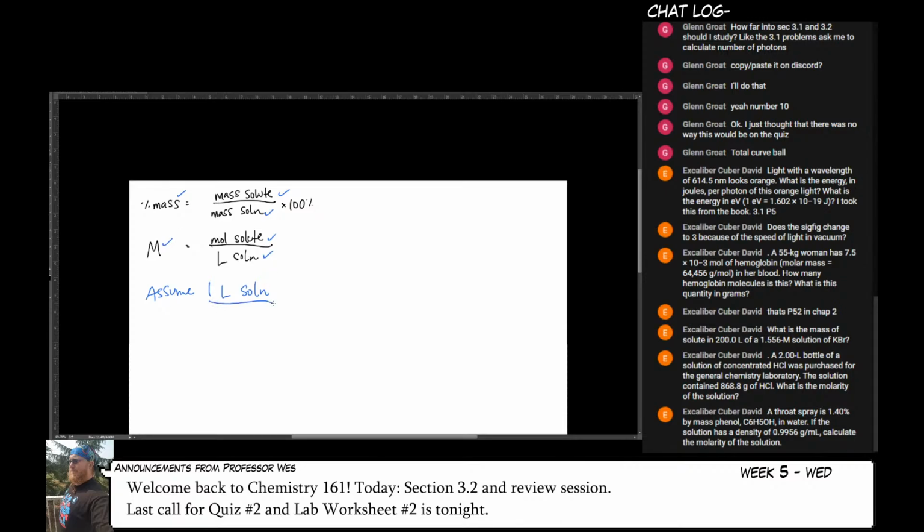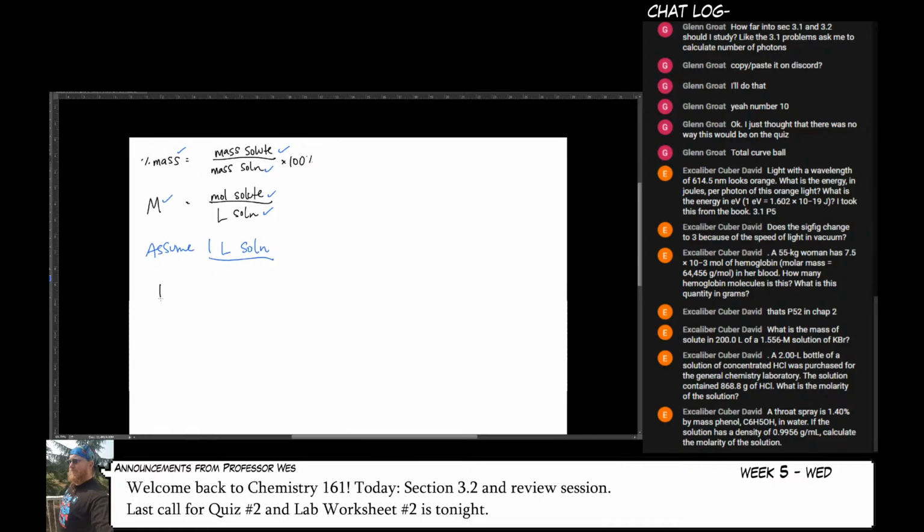If I assume 1 liter of solution, I've already figured out the volume. Then I can use the density, which is 0.9956 grams per milliliter of solution. And then I'll convert milliliters and liters so that these go away.